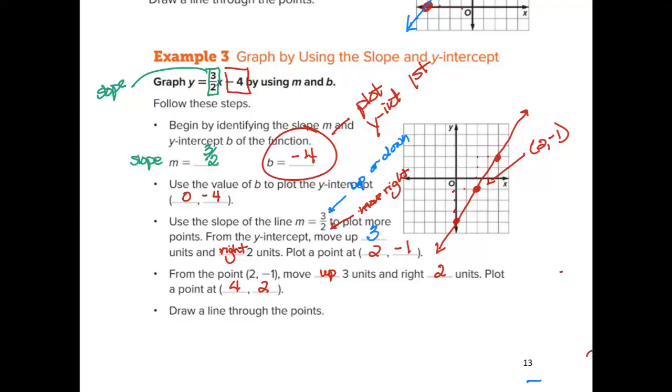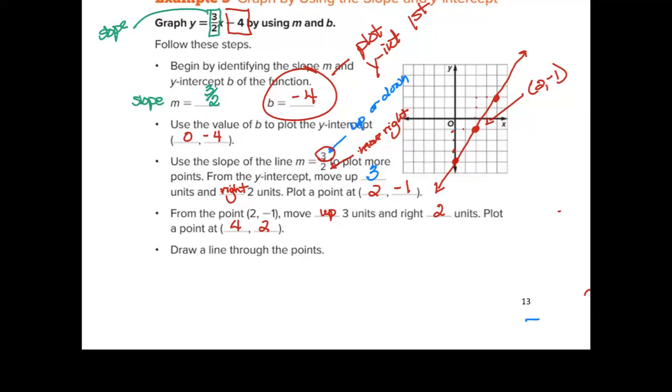So the top number of your slope, that is a y value. That's why if it's on top, you're either going to go up or down. Okay? The bottom one, I always say move to the right. I always say that because if I have a slope, you don't have to write this down, but maybe just take a look. If I have a slope of -5 over 2, I always put the negative sign with the top number.